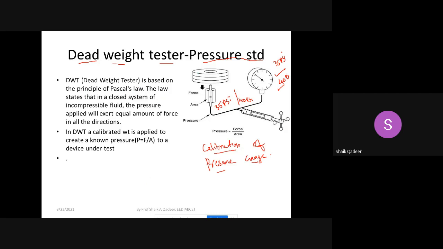So this setup is actually a closed loop setup in which an incompressible fluid is available. We all know that according to Pascal's law, in a closed loop, if the loop is filled with incompressible fluid, then the pressure applied in all directions will be equal.